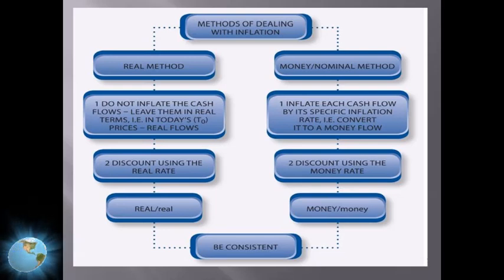Then you discount using the real rate, and you get the real result. For the nominal method, you inflate each cash flow. If there is revenue, you inflate it. If there is a tax, you inflate it, each at its specific inflation rate. You convert the real flows into money flows, then discount using the money rate and you get the money result. You have to be consistent.